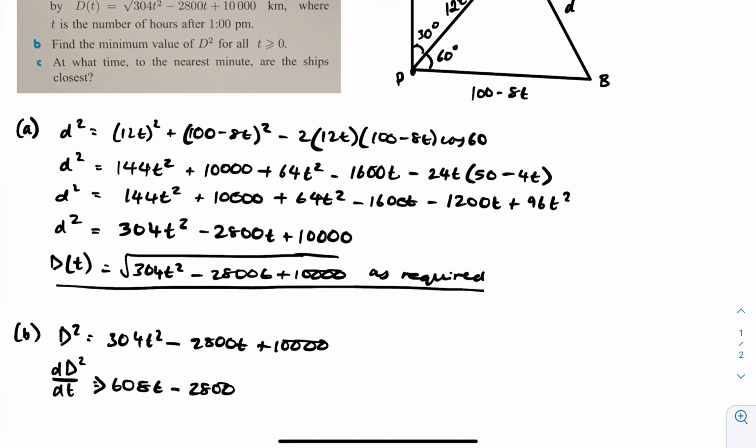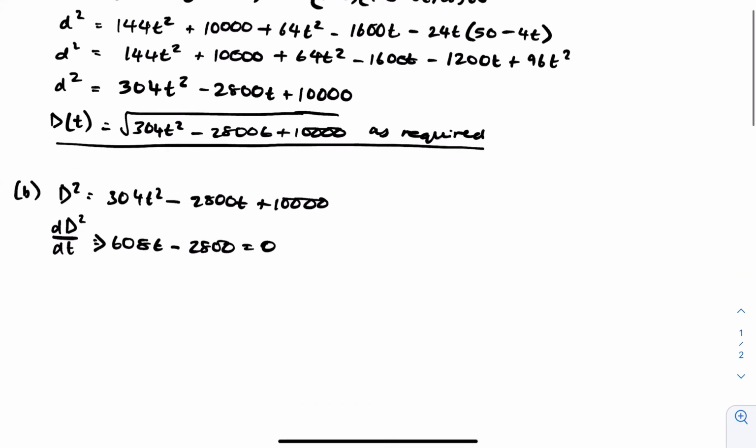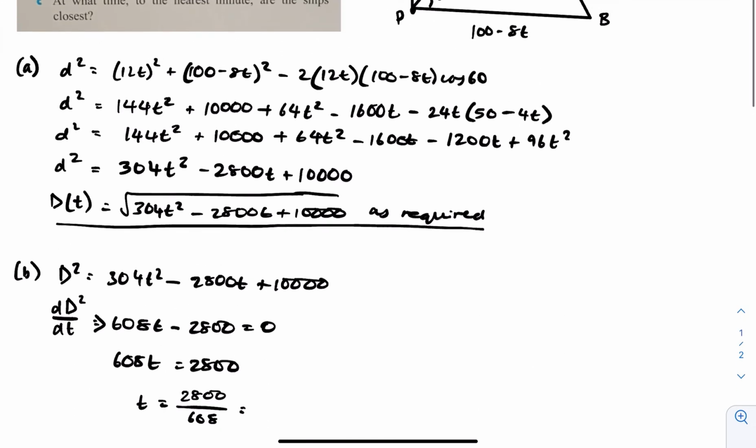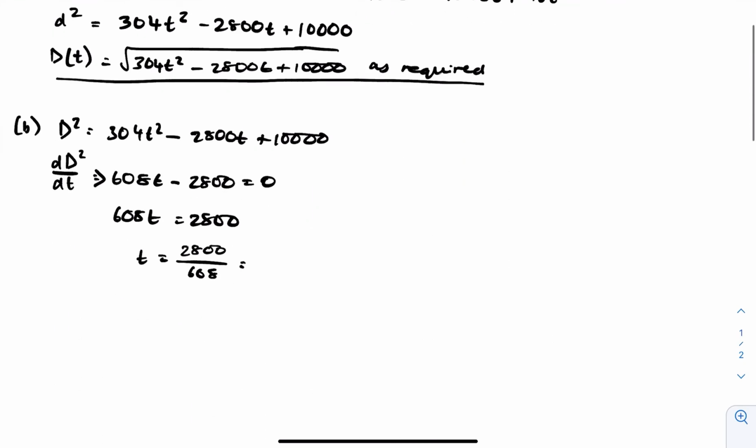To find the minimum value, we have to equate to 0. So that means 608t is equal to 2,800. So t is equal to 2,800 over 608, which, putting it into my calculator, is approximately equal to 4.61.